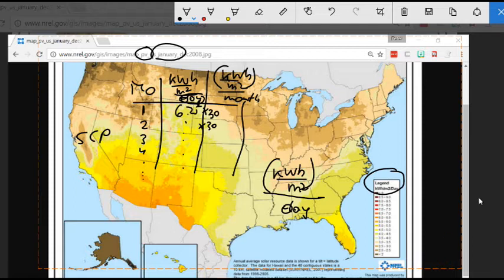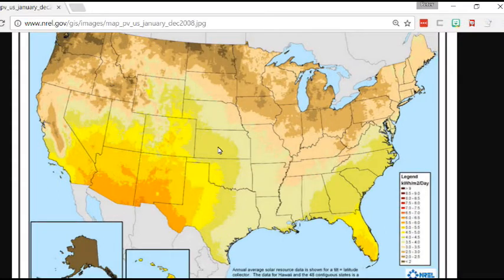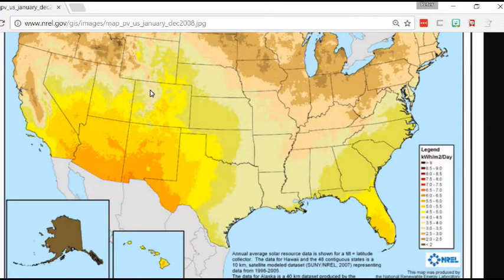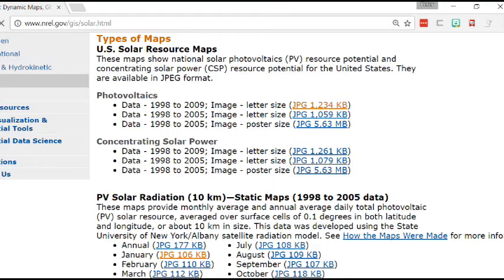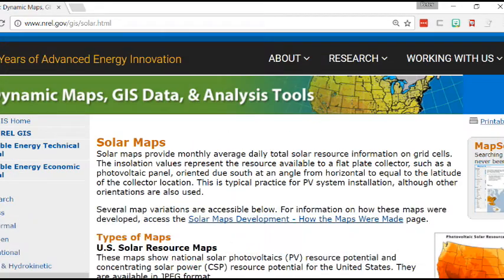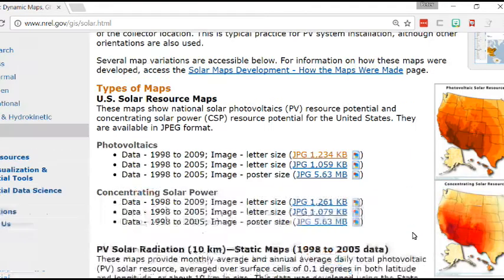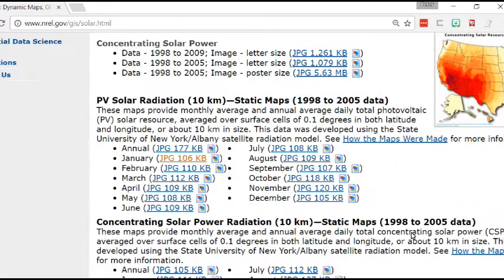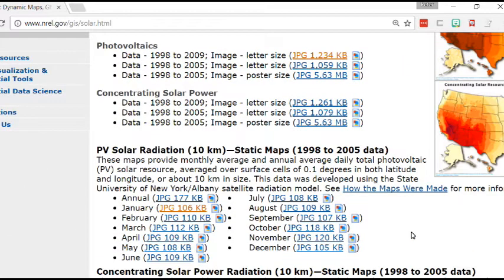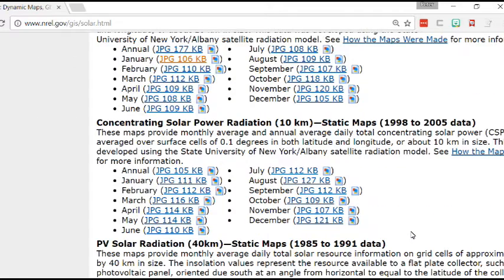Oh, now I'm in drawing mode. On this website they have, okay, here we go, and I can't scroll. Let me see, the more recent data is here, the 10 kilometer square data.